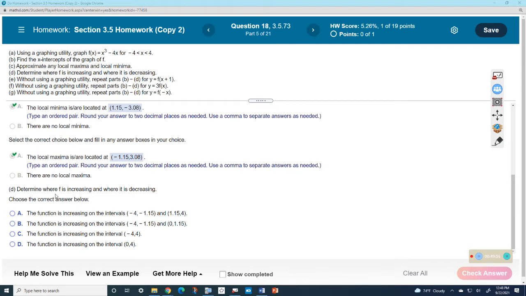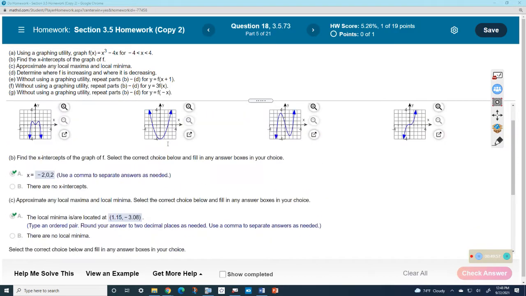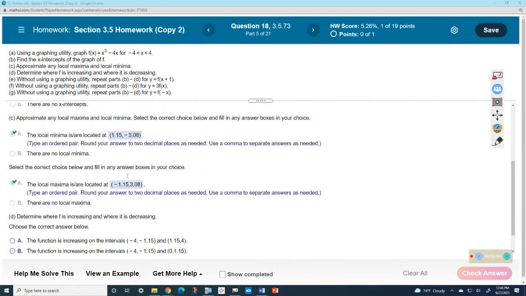Next it says determine where f is increasing and decreasing. Well, knowing these maxima and minima is going to help me determine that. It's going to be increasing at first from negative infinity on the x-axis until we get to that maximum, which for me was at negative 1.15 for x.